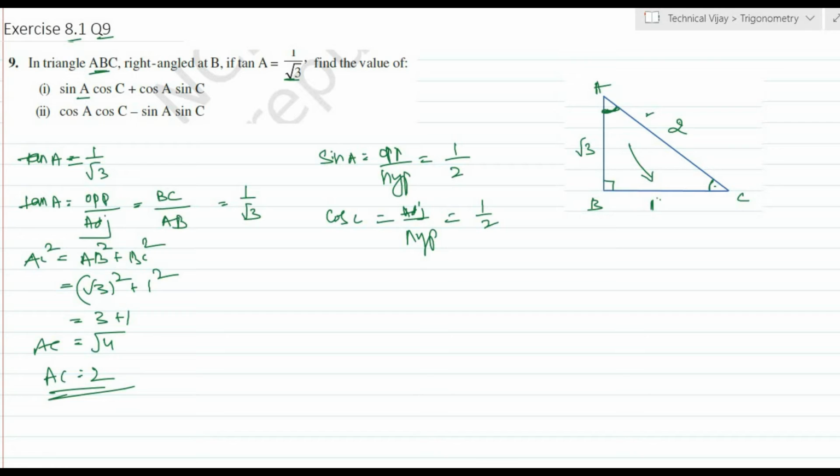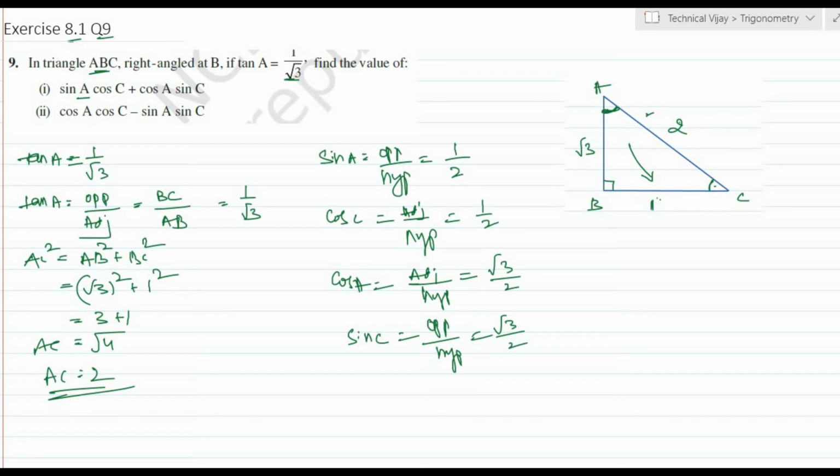So here cos of A, that is adjacent by hypotenuse. Here adjacent is root 3, hypotenuse is 2. So here sin of C we have to calculate. Sin of C means opposite by hypotenuse. Opposite is root 3, hypotenuse is 2.